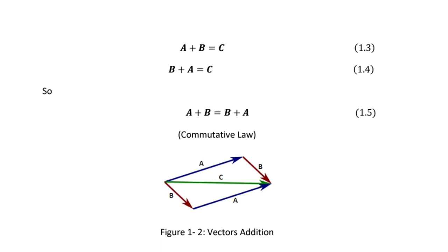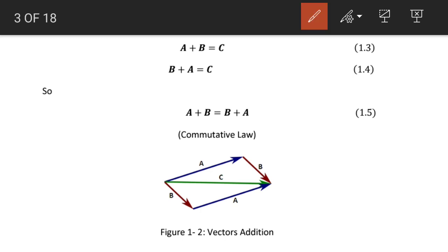We know that the addition of two or more than two vectors results in a new vector quantity. So we consider two vectors A and B. We add two vectors according to the head to tail rule.